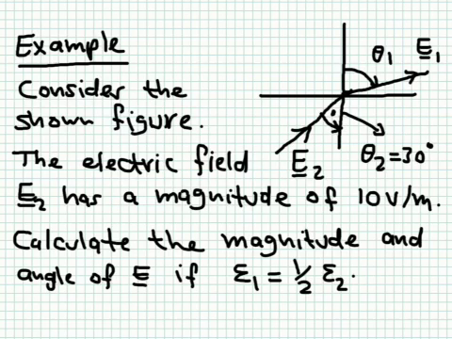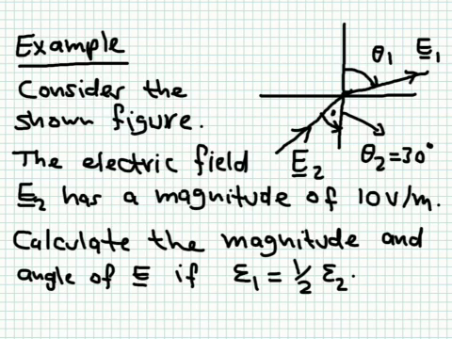We'd like to calculate the magnitude and the angle of the vector E1 if the ratio between epsilon 1 and epsilon 2 is 1/2. So in this medium, epsilon 1 is 1/2 epsilon 2. We have an interface between them, and we'd like to calculate the strength of the vector E1 and its angle theta 1 with the normal.